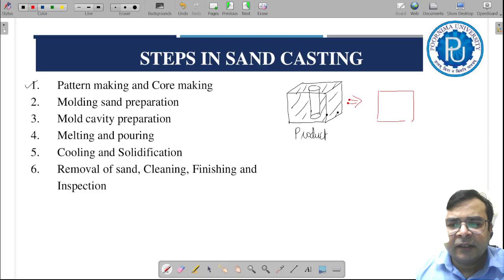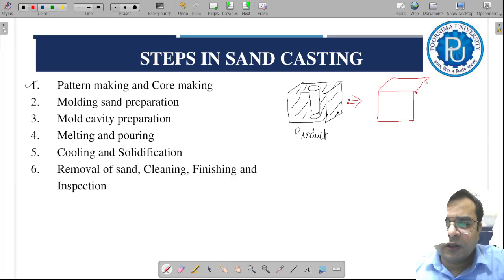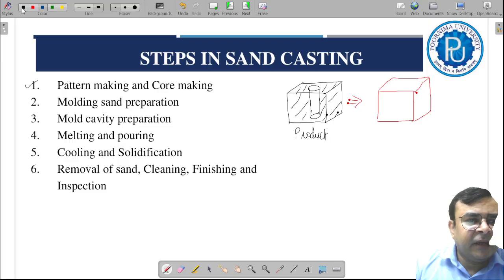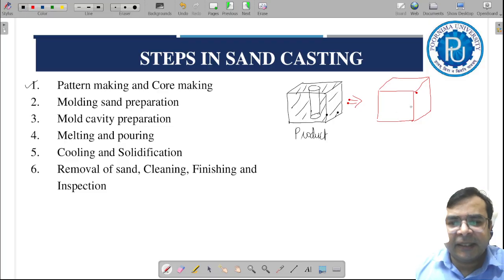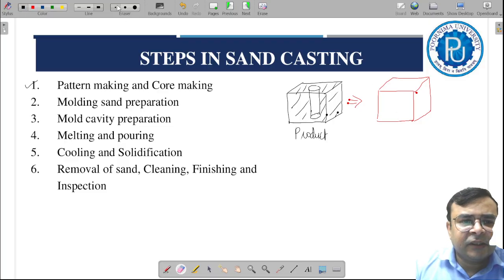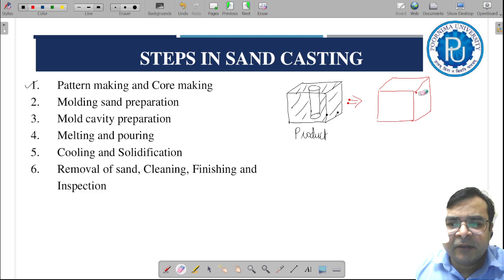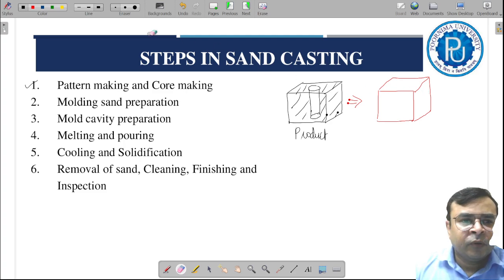Then obviously the size of the pattern is not exactly equal to the size of the product. Why? Because the process involves melting and solidification of the metal, therefore its volume changes, and since its volume changes, some dimensions may also alter. So to accommodate this dimensional change, we make the pattern slightly bigger.